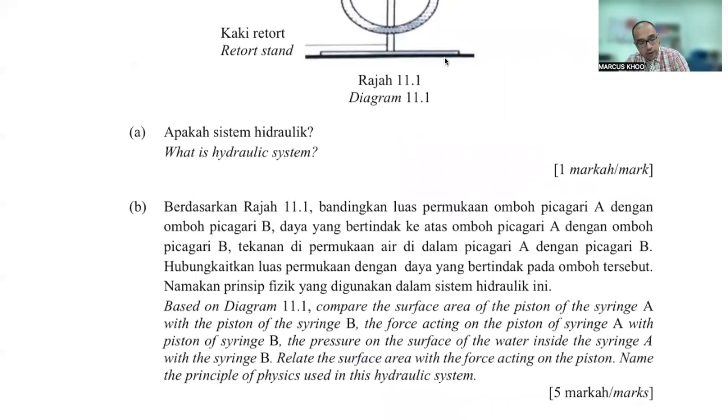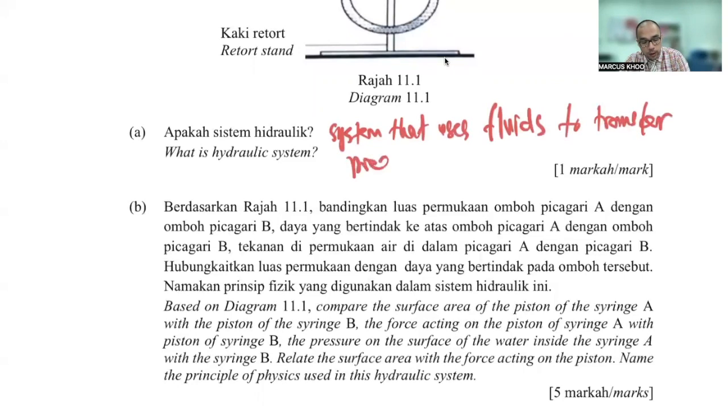A hydraulic system is a system that uses fluids, not necessarily liquid, but fluid, to transfer pressure. Based on Pascal's principle, pressure is transmitted. So the one that is being transferred is pressure.